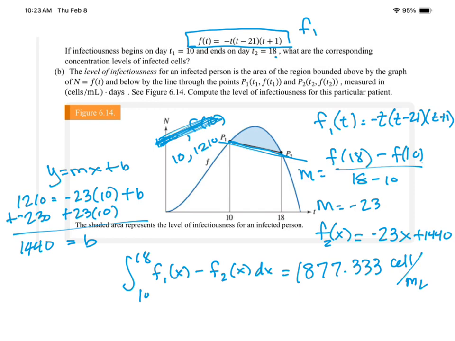The level of infectiousness for this patient. If you look at the top of page 483, you'll see all of this handwork. I just decided that we needed more practice putting it in our calculator and being accurate there.